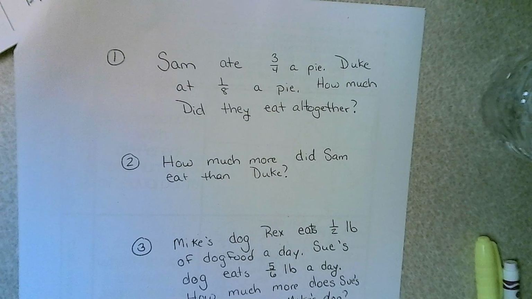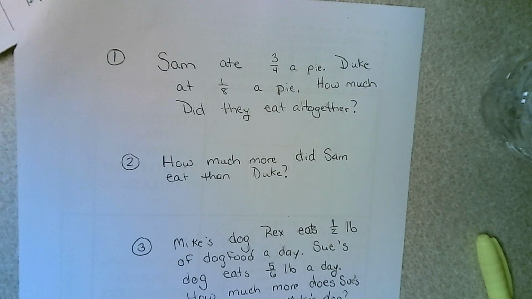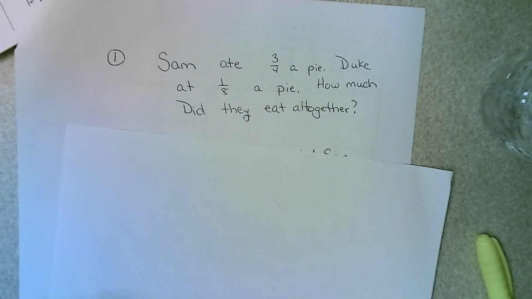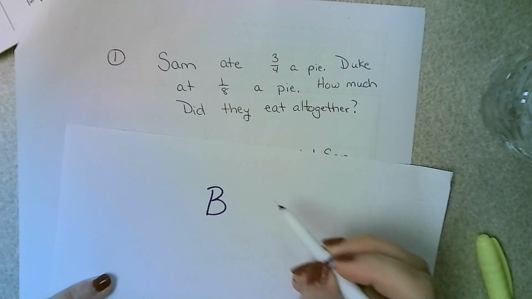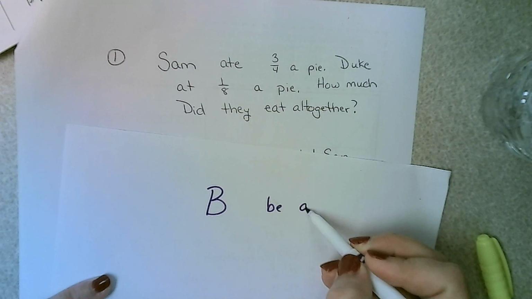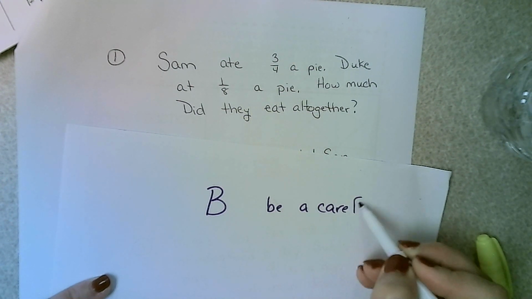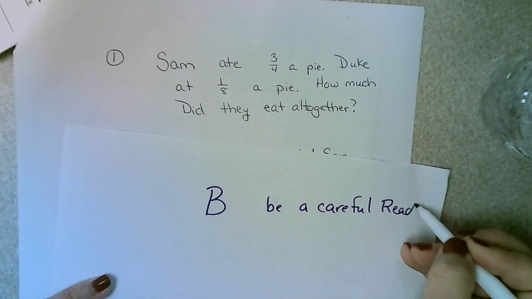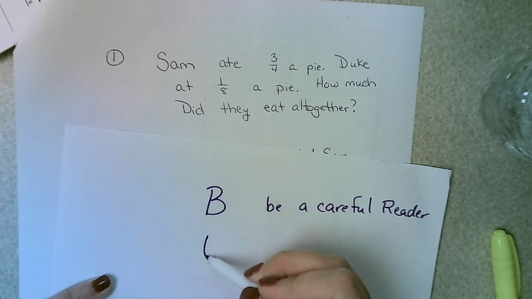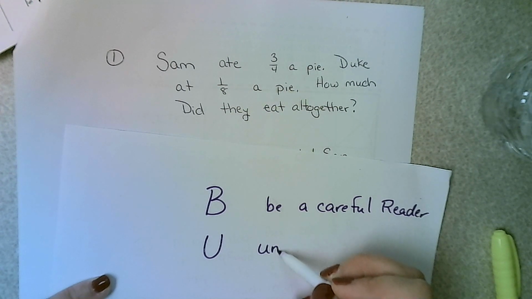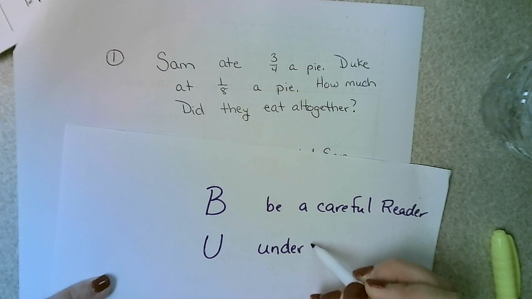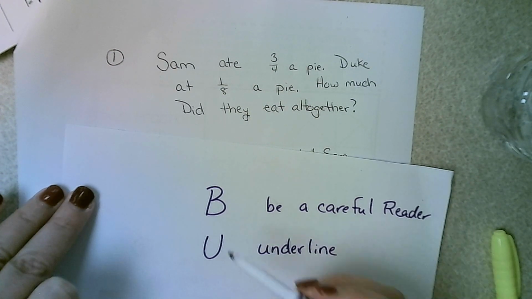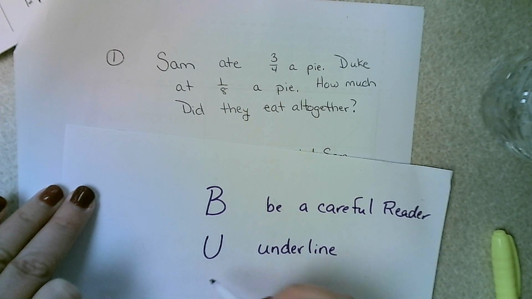Now, if you remember, the last time we did word problems, I told everyone to be a careful reader. I told everybody to underline or highlight important things. I realize on the computer you can't, but that also means you can take notes on your paper.